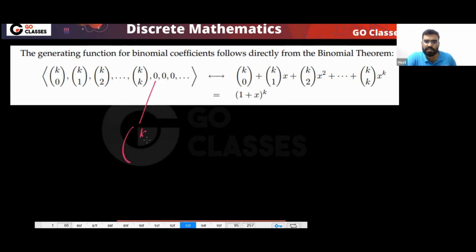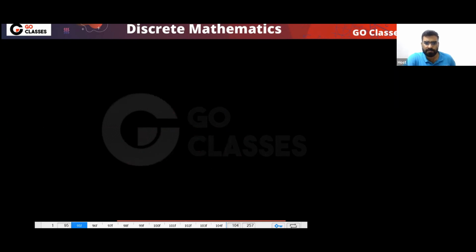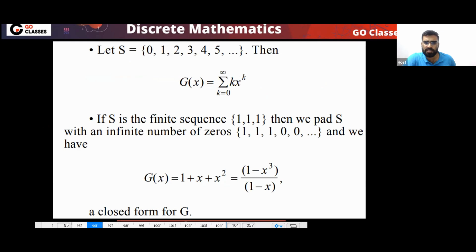So I can also write KC(K+1), KC(K+2), and so on. But here assume that K belongs to the set of natural numbers, that is, K must be a positive integer. So are all these points clear?